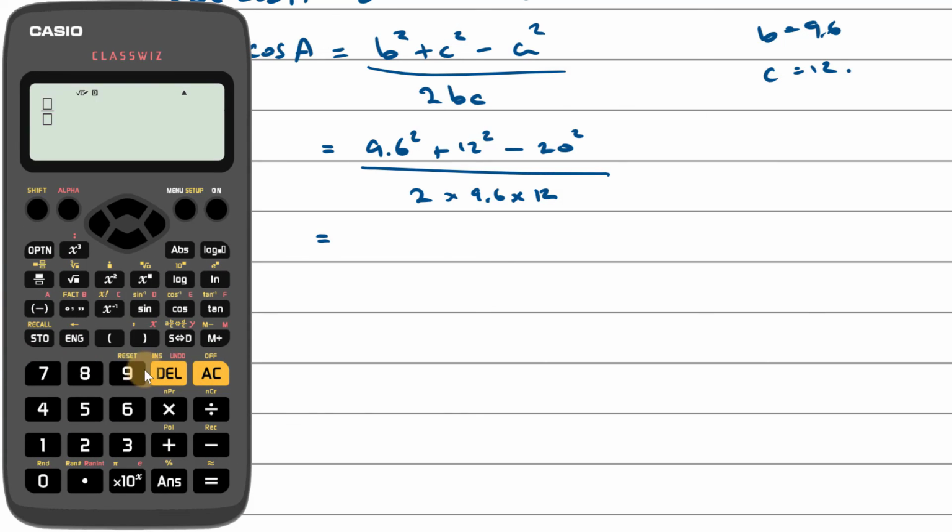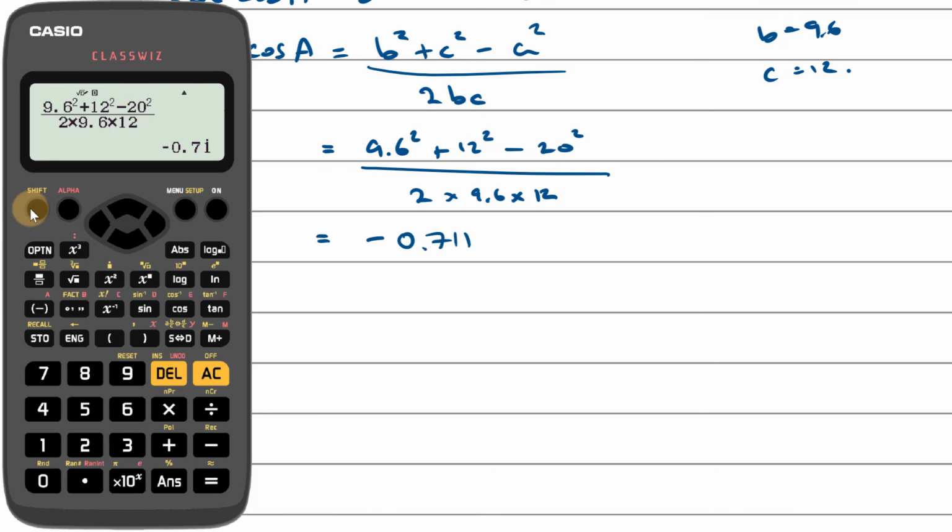So what's that? We can put all that into the calculator, can't we? So 9.6 squared plus 12 squared minus 20 squared, divided by 2 times 9.6 times 12. Now that comes out to be a negative number, minus 0.7111. Lots of ones.